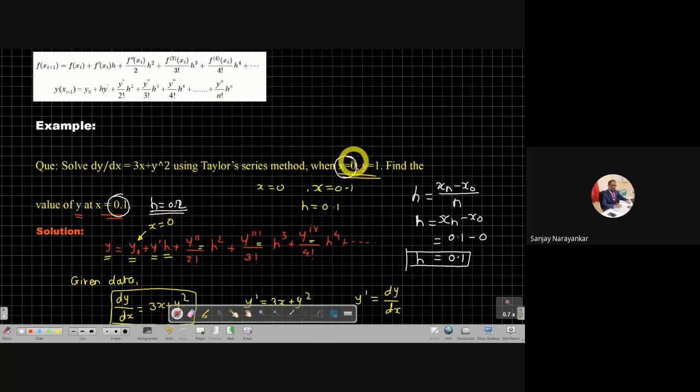See, range, initial value is 0, and we have to find out at 0.1. So how can I divide 0 and 0.1 into 0.2? So it does not make any sense for a Taylor series. So h you can take it as 0.1. So initial value and the final difference between these two. Is there any difficulty, students, now? No, sir.